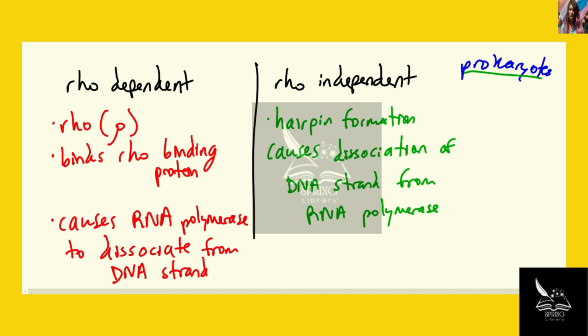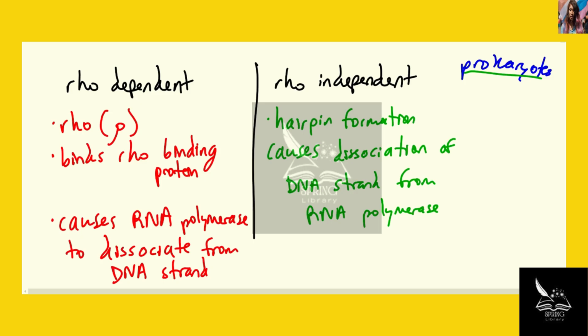With rho-dependent termination, we are using rho, which is this factor that will, when bound to the rho binding protein, travel up the DNA that's being transcribed. It will reach the transcription site and cause the RNA polymerase and other transcription machinery to dissociate. It kind of pushes off this machinery.